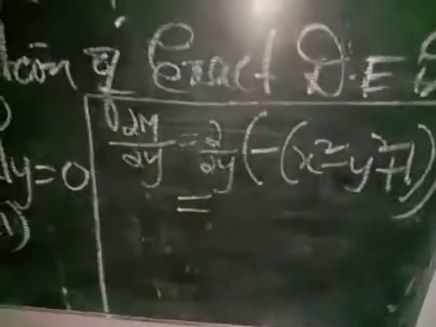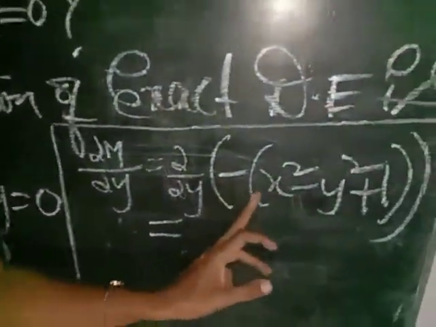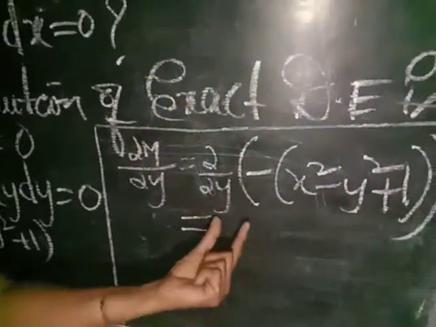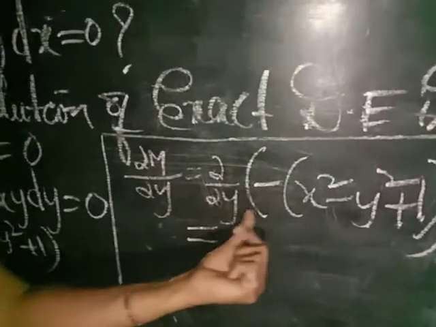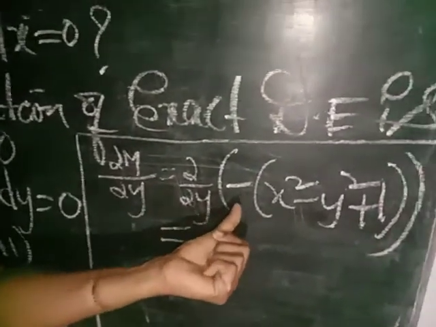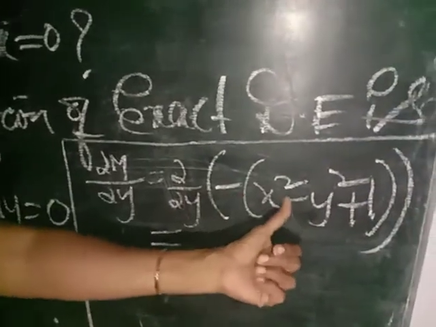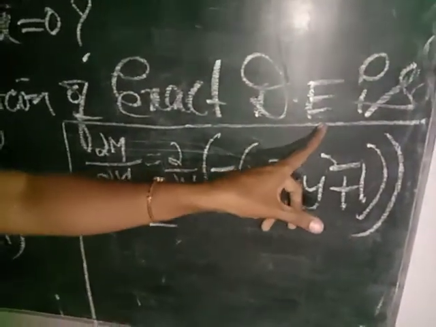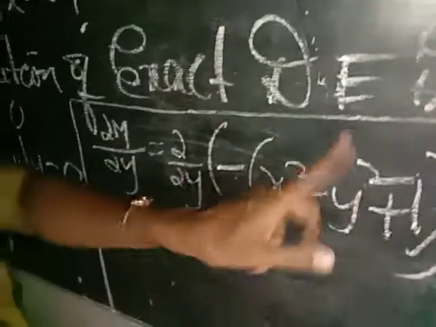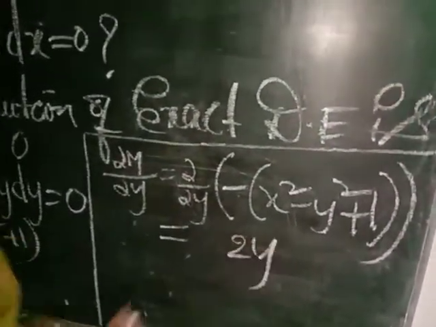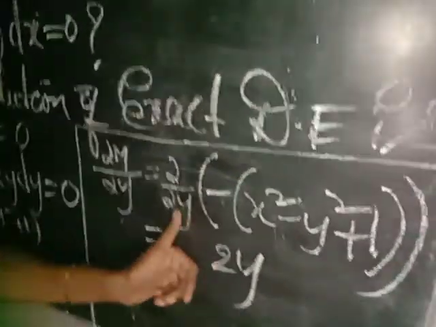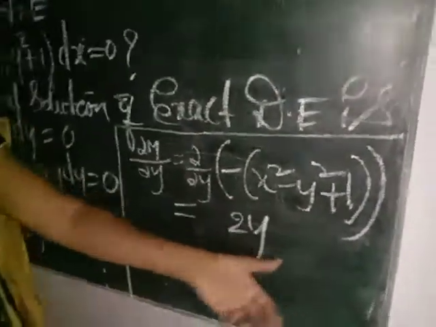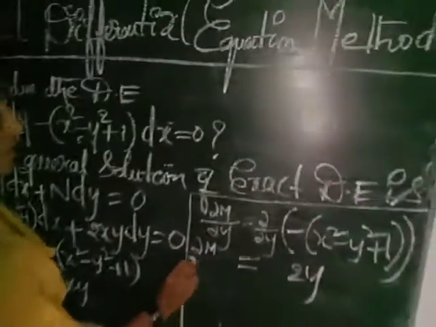We differentiate this M partially with respect to y. Minus of minus means plus y square, and the partial derivative of y square with respect to y is 2y. Here x square gives 0 and 1 is a constant, so 0. Therefore dou M by dou y equals 2y.